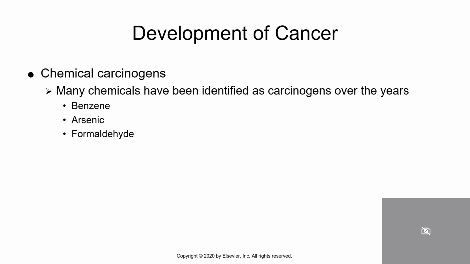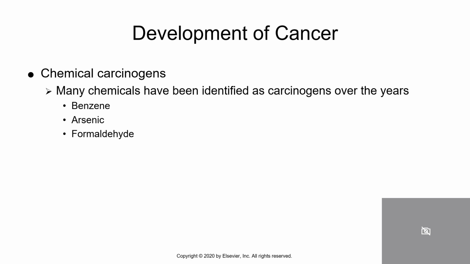It was discovered that chimney sweeps had a higher incidence of cancer of the scrotum associated with their exposure to soot. And that's how that relationship first was established. People that are exposed to certain chemicals over a consistent period of time, so repeated exposure, tend to have a greater incidence of certain cancers than others.